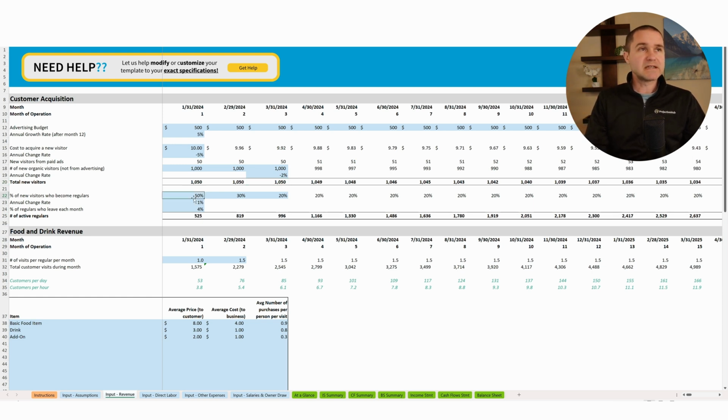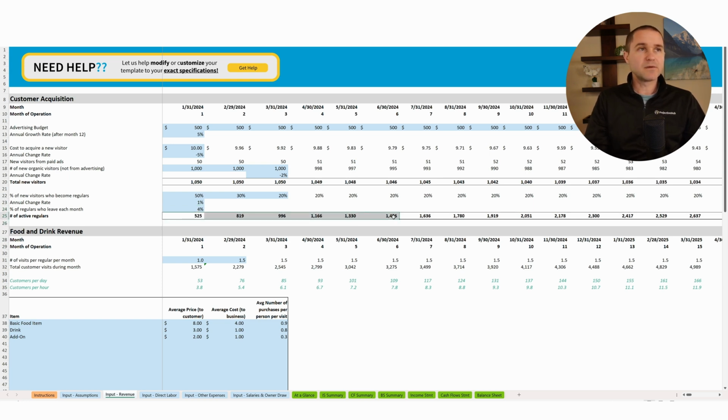From there, you can set a percentage. What percentage of your new visitors are going to become regulars? So you can set a percentage of who we think will be regulars. Of those regulars, some percentage may leave each month. So we're saying 4% of our regular customer base is going to stop being a customer each month.